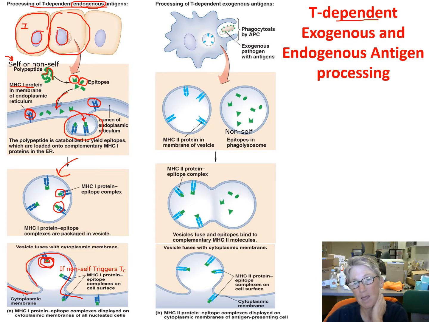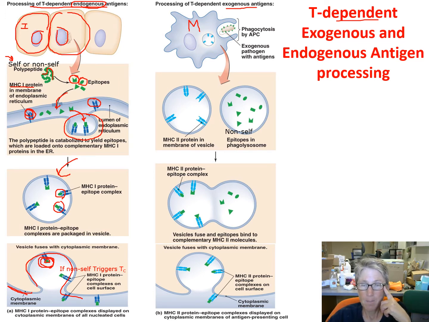So, T-dependent exogenous antigen processing. Here we have probably a macrophage. It's doing phagocytosis, taking in the bacteria or the pathogen. It's got these little green antigens on it. It goes into the phagosome and the lysosome, and then the phagosome and lysosome fuse into a phagolysosome.